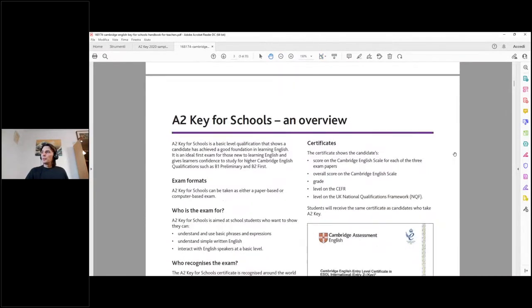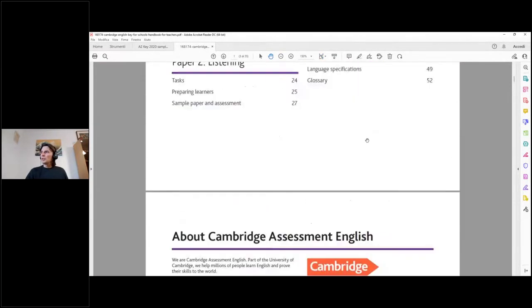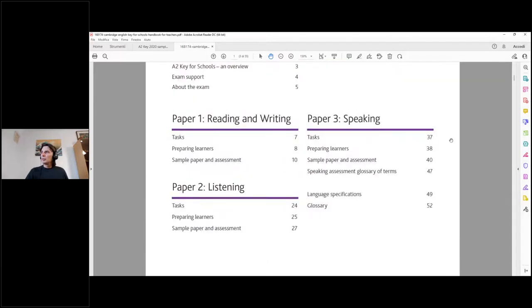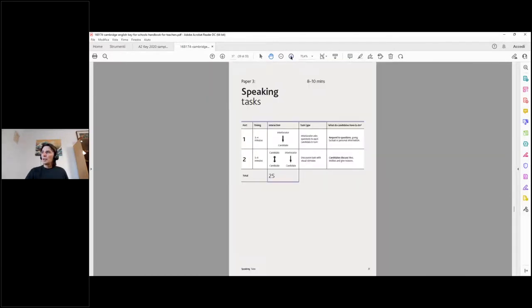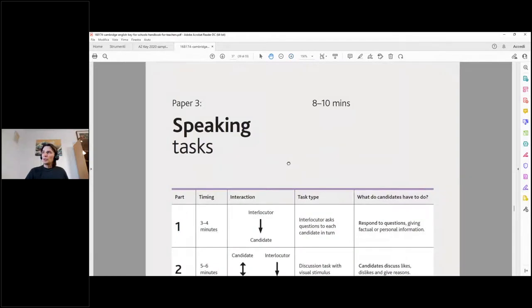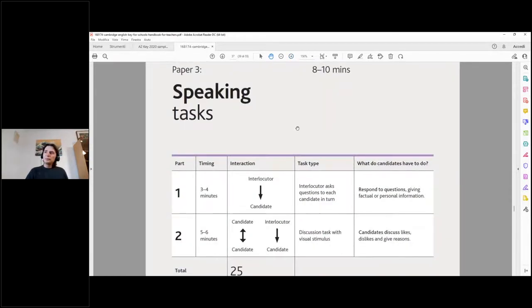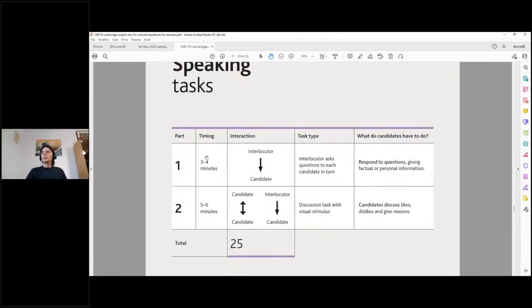Okay, so let's go back to page 37. There are two parts to the speaking test. They will not last very long, so we're going to spend about 10 minutes with each candidate for the speaking part. The first part is when the interlocutor, the examiner, asks questions directly to the candidate.